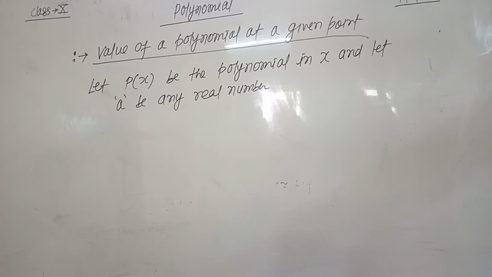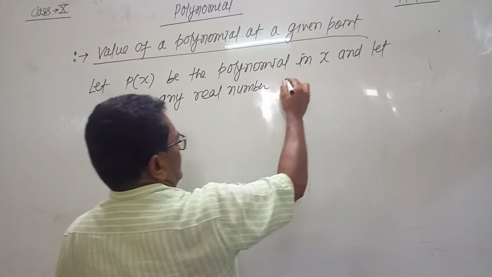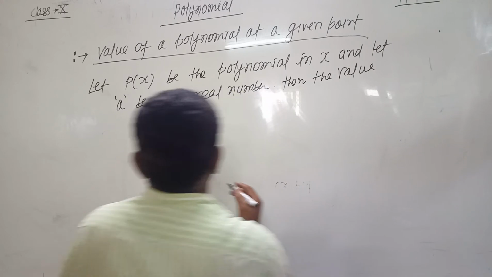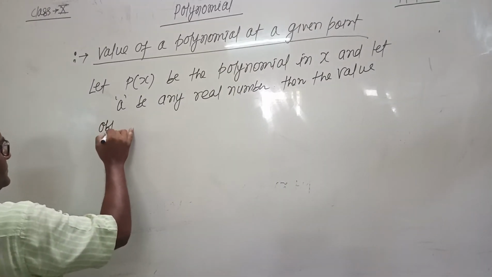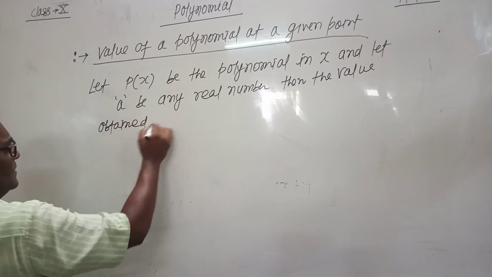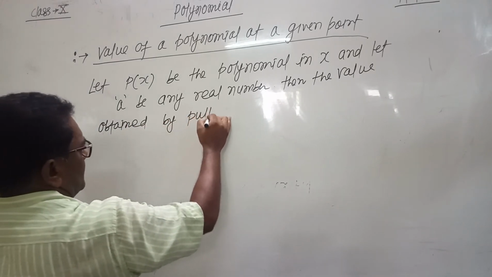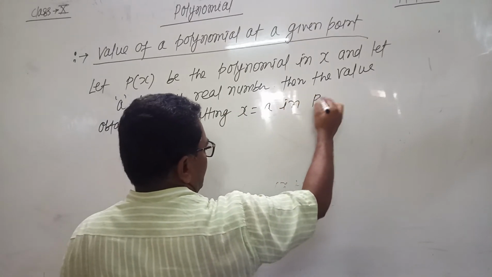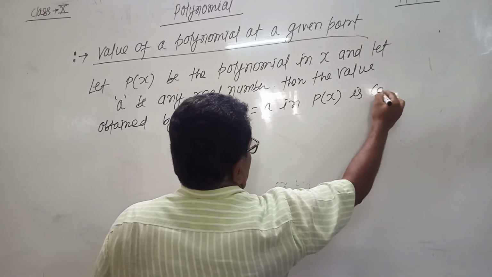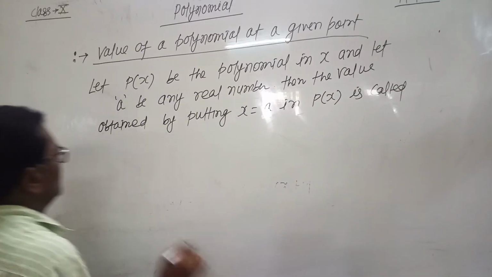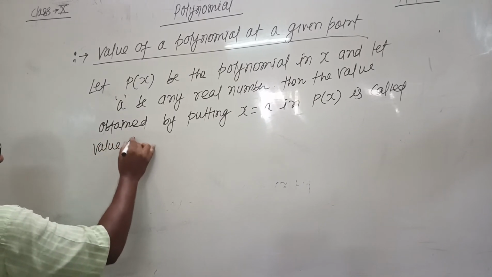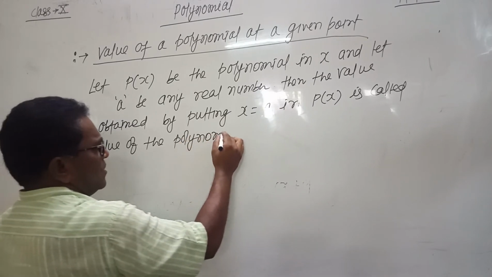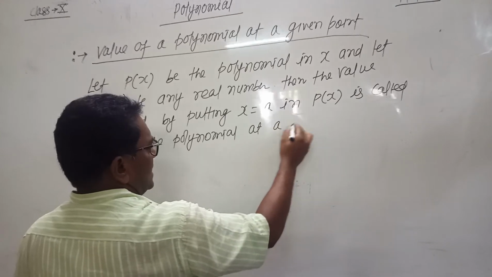Then the value obtained by putting x equals a in the polynomial p(x) is called the value of the polynomial at a given point.